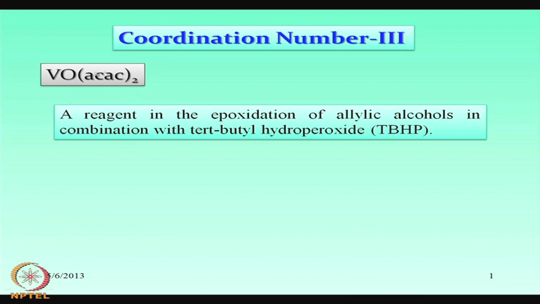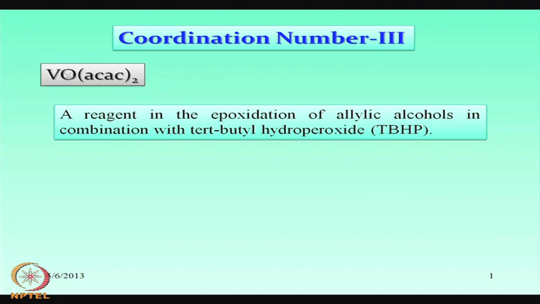So, not only the metal ion, its coordination number and its coordination geometry, but also the reagent as well as the nature of these ligands are useful for a coordination compound to function as a good catalyst, because this is the most important aspect of this part of the chemistry of these elements, that they can nicely perform the job of a good catalyst.